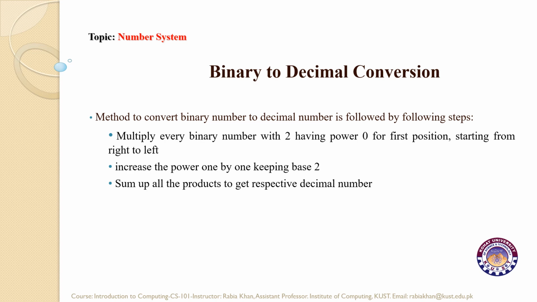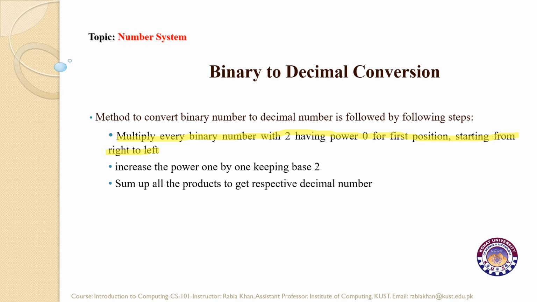First, we have to multiply every binary digit with 2 having power 0 for the first position, starting from right to left. So every binary digit will be multiplied by 2, with 2 having power 0 at the first position, moving from right to left.